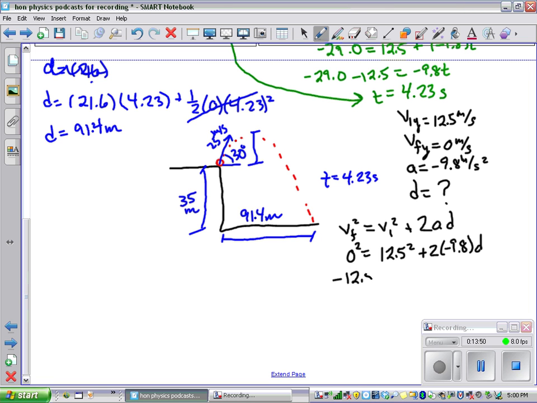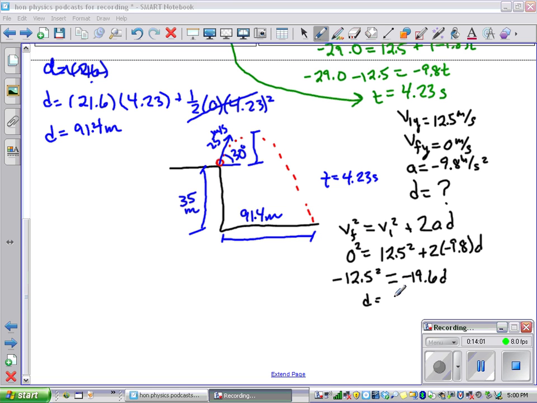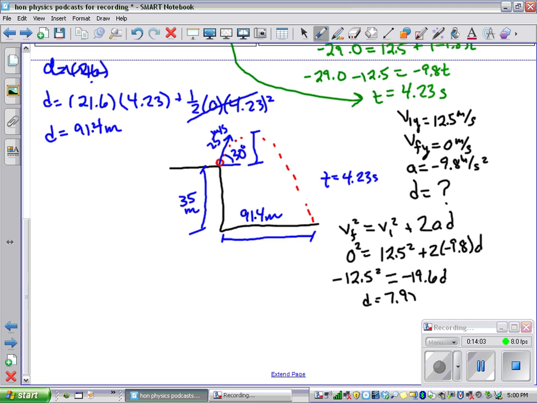Negative 12.5 squared equals negative 19.6 D. And then if I put that in a calculator, I will get a positive number of 7.97 meters. And that's the height right here above the cliff, how much further it went. And that is just about everything you can ask for in a projectile motion problem.